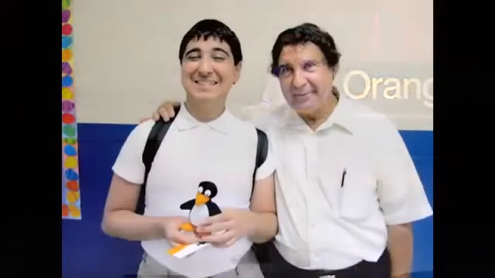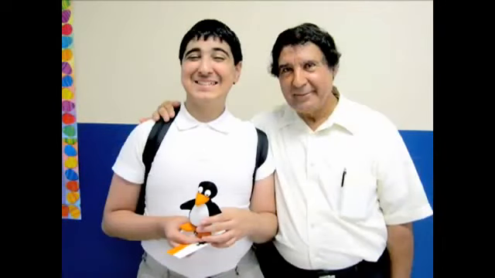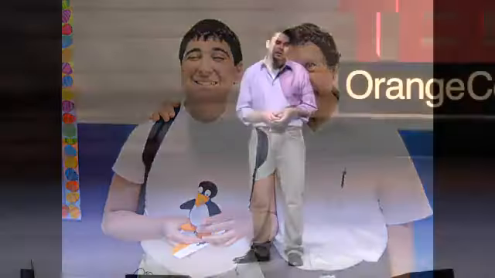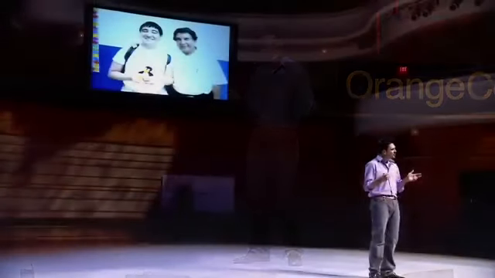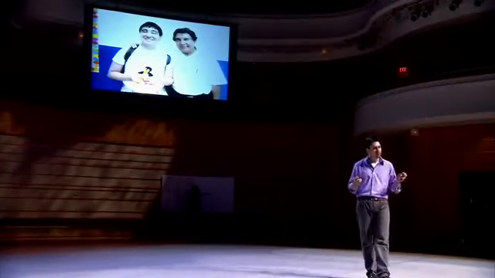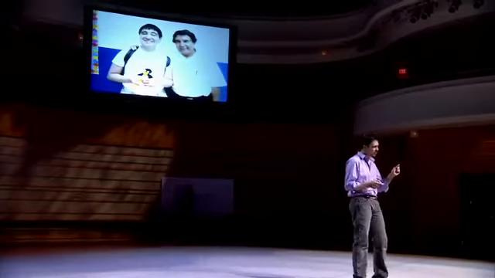A striking example of this is a young autistic student named Omar, shown here with his dad. Omar had such difficulty with language that he only spoke in single words, never in full sentences, not even to his parents. And when Omar's school started using our program, his teachers were astonished at how gifted Omar was in math.